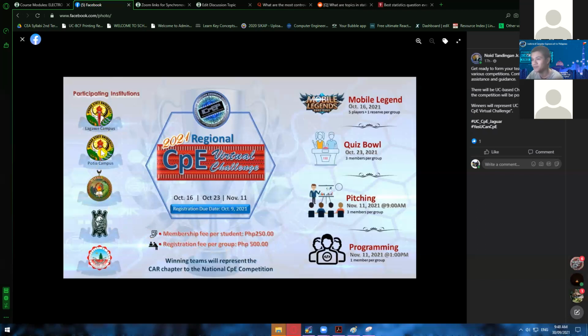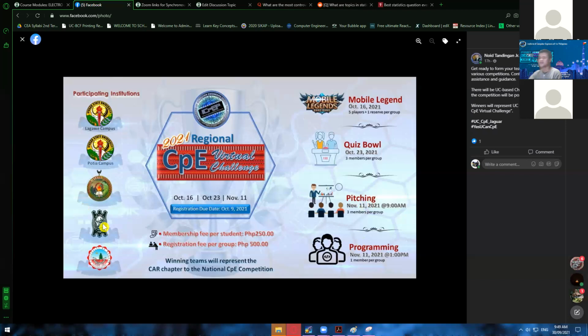We have the Lagawe campus, the Pocha campus, the Kalinga State University, and of course our school, which is UC, and then the University of Baguio, UB. So there are 5 universities who will compete in these events. I hope you guys will be interested and represent our university.